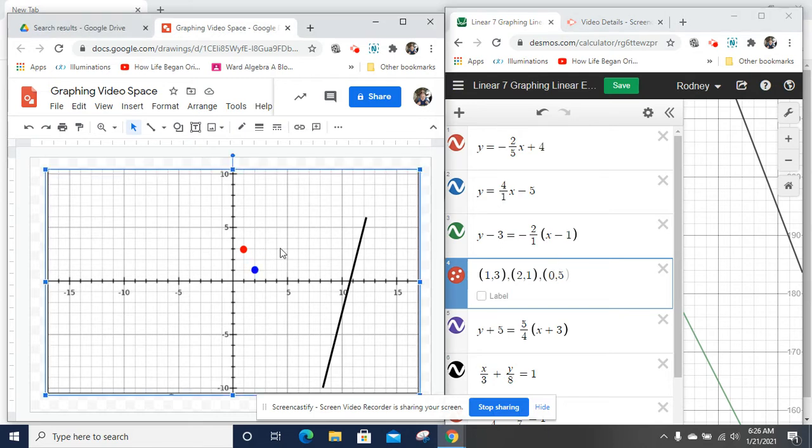Now, let's actually put this point there now. So 0, 5. And you might notice that we've just identified a y-intercept inadvertently, and that'll be convenient. So now we have a point here. We have that point at 1, 3, and we also identified this point at 2, 1. And you could use these two that are right next to each other.